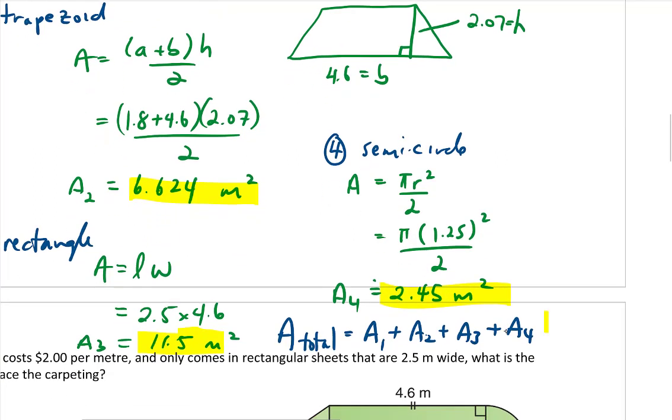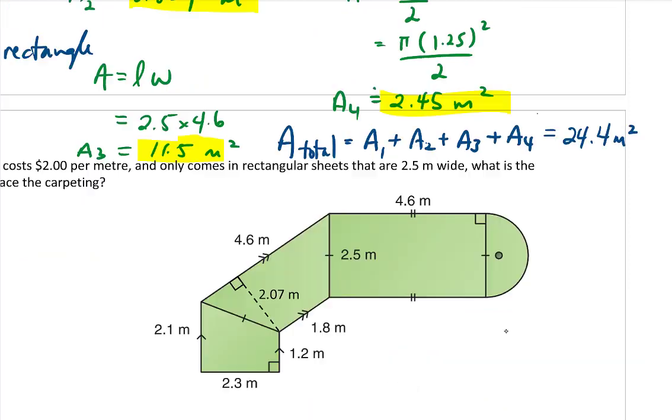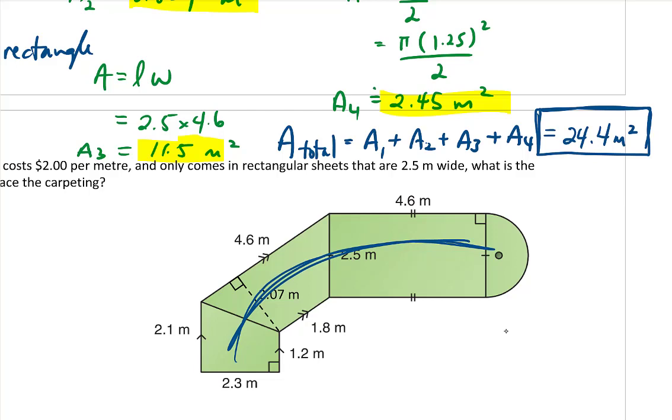And what I get is an approximate area, and the total I get is approximately 24.4 meters squared. So this is the area of the grounds she needs to cover. All this here.